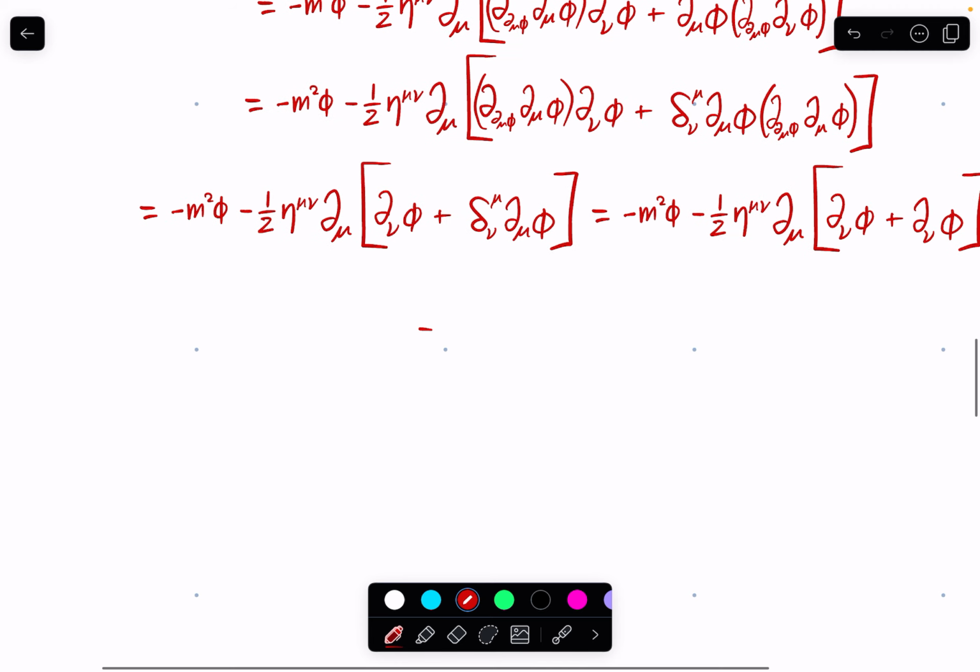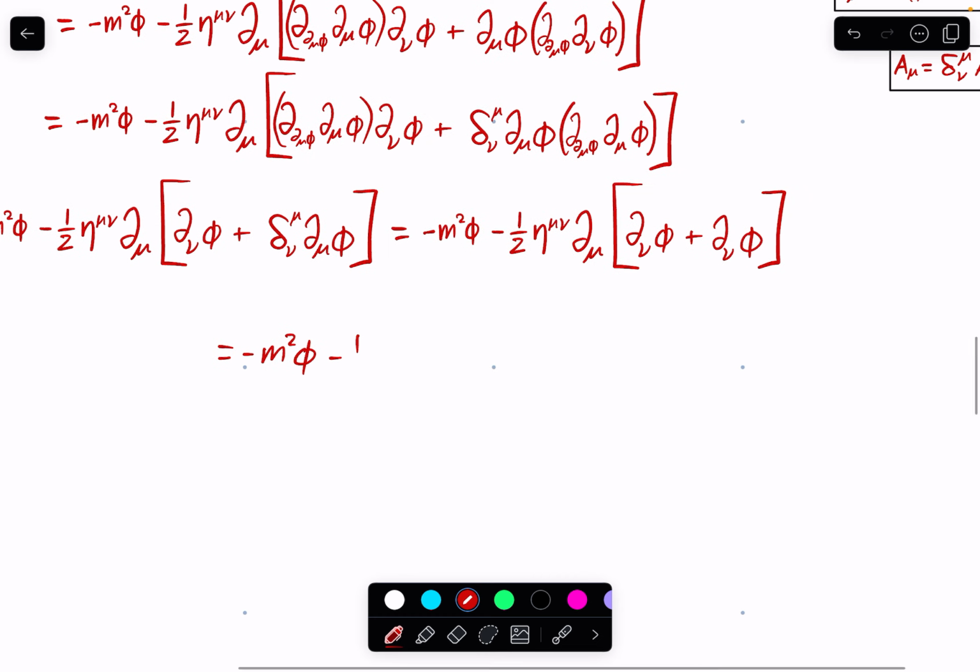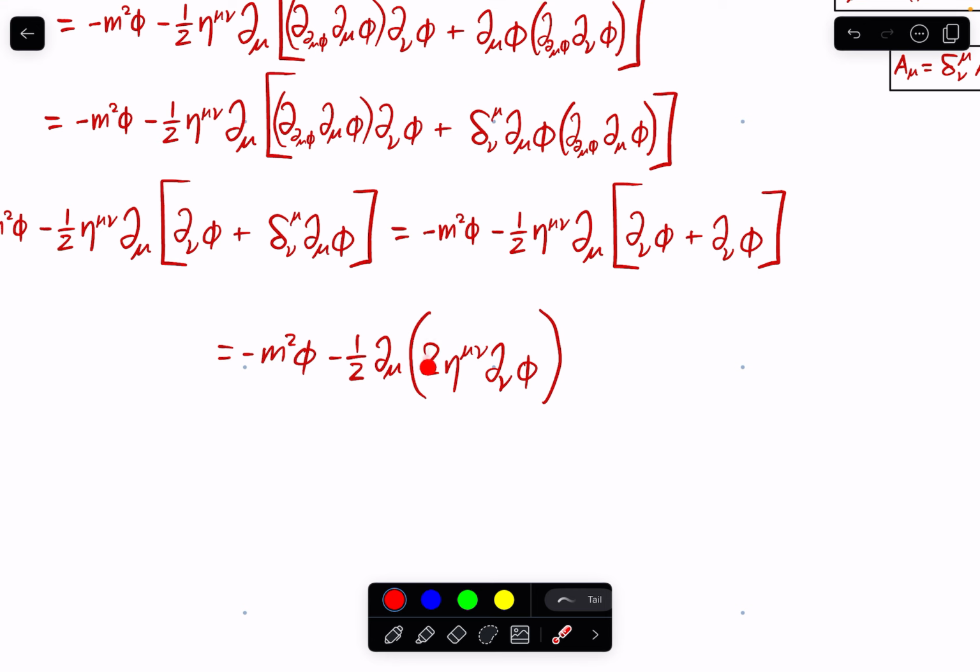So we can then move this Minkowski metric back in, and so we have a -1/2 partial mu of the Minkowski metric, or 2 times the Minkowski metric, phi, and there's a factor of 2 here because we add this to it twice.